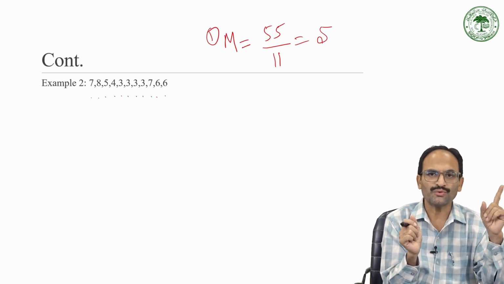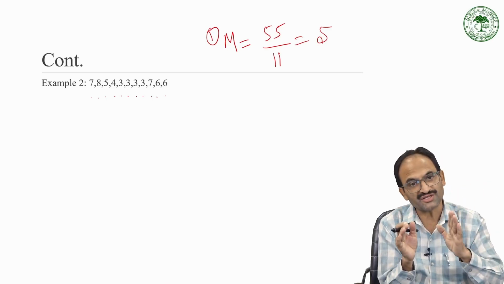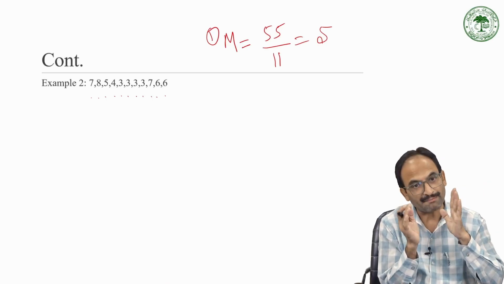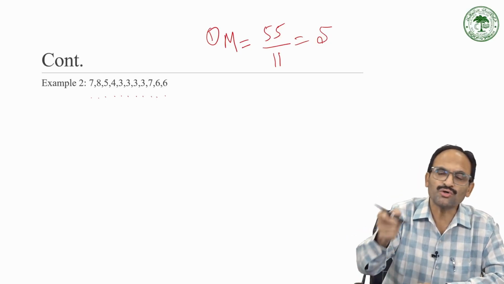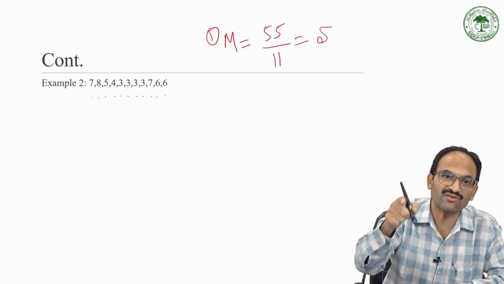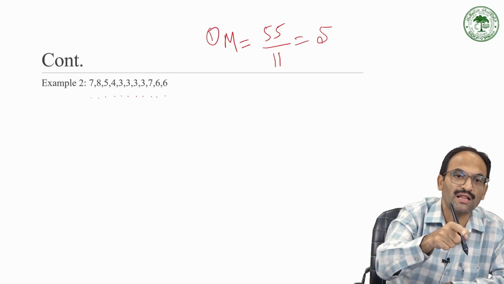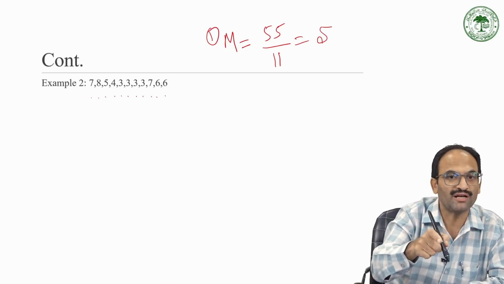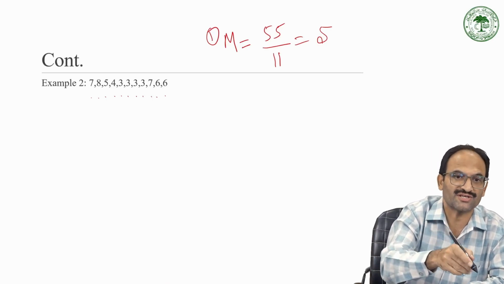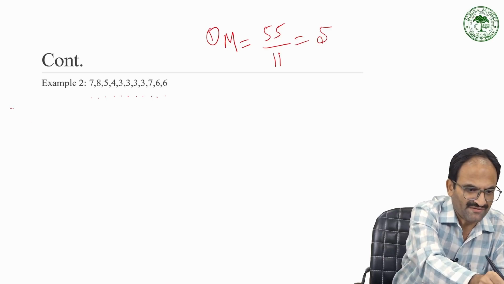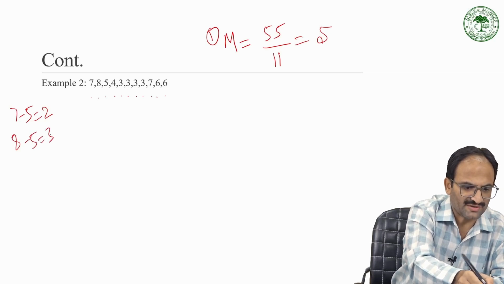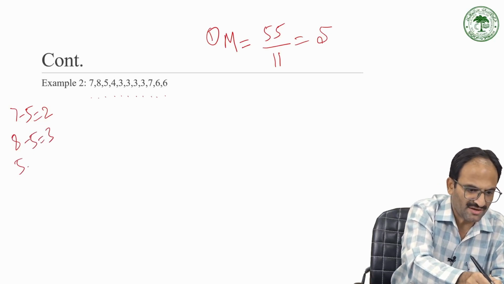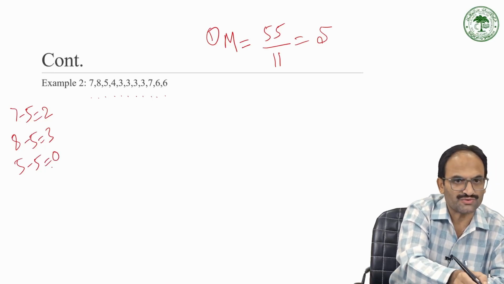Now in the second step, what are you going to do? You are going to find the deviation from every number, from every term. So how will you do it? You will subtract mean from every individual number and you will write that deviation. So for the first case, 7 minus 5 is equal to 2. Second case, 8 minus 5 is equal to 3. Third case, 5 minus 5 is equal to 0.